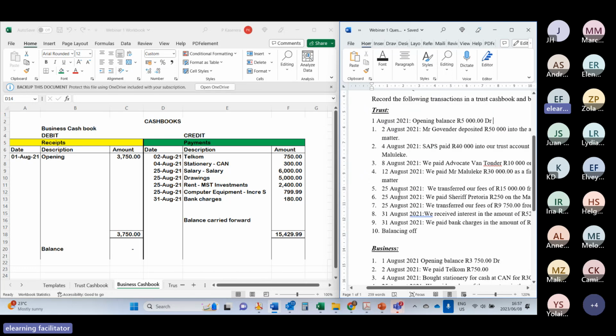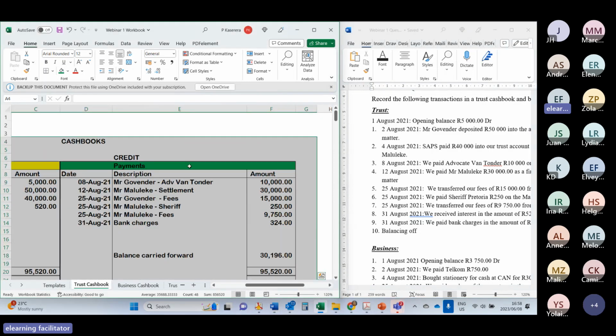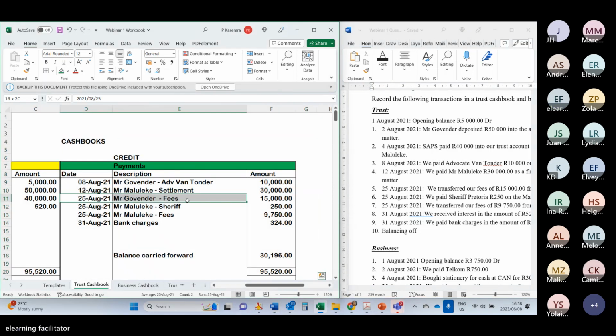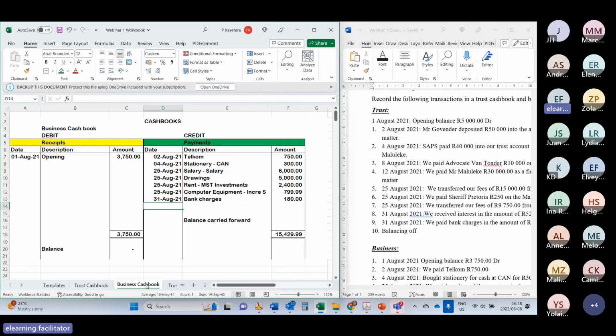one firm. Record the following transactions in the cash books. So usually they are for one firm. If you go back to your trust, you should trace where we took fees. You have to trace where we took fees, and then you also come into your business and receive those fees.